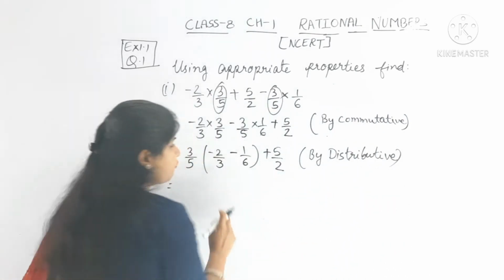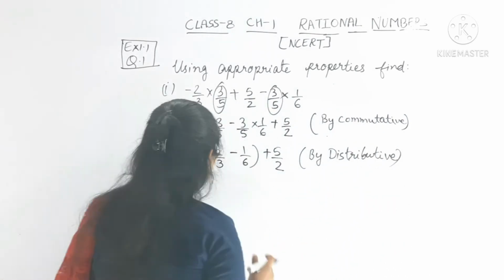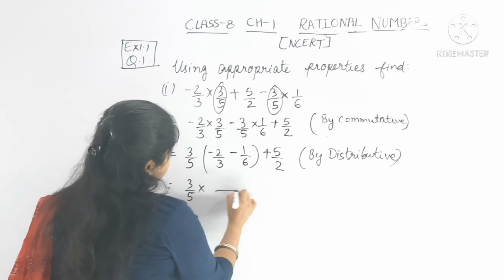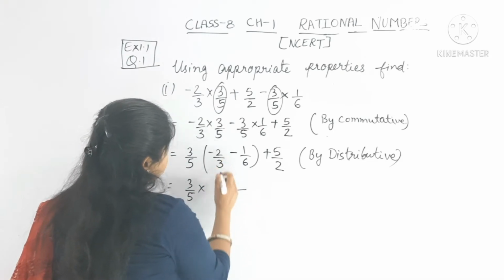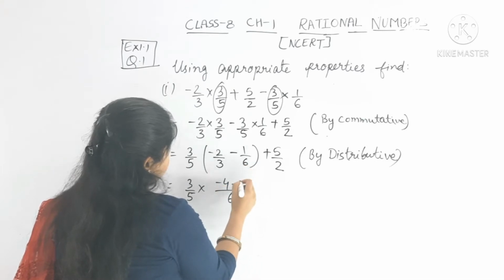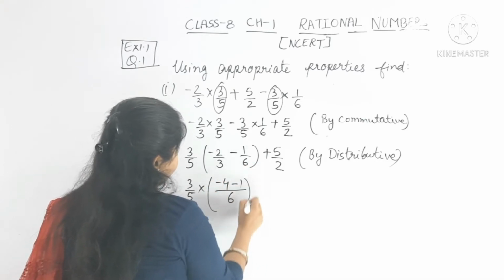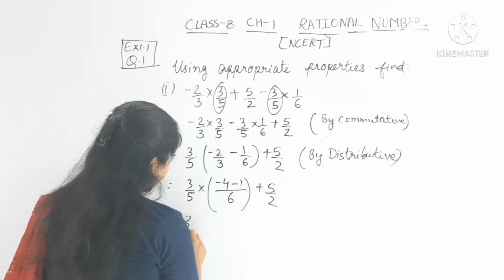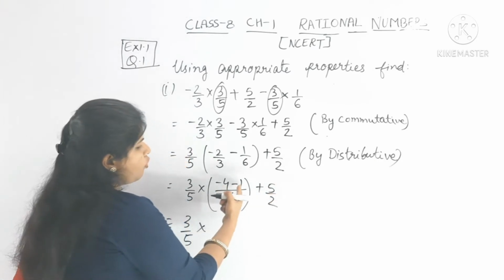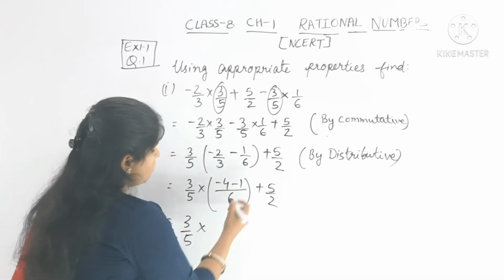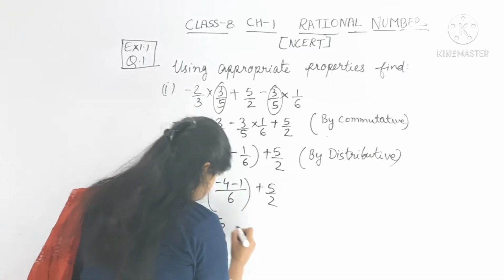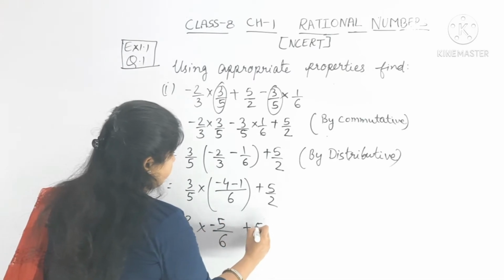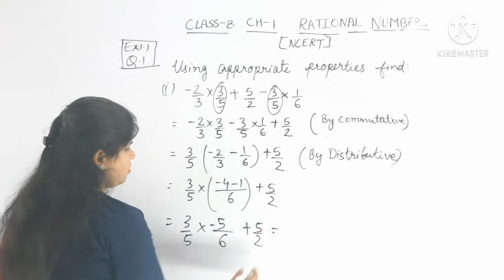Okay, so we have to first solve the bracket. 3 by 5 multiplied by the LCM 6: 3 times 6, minus 4 minus 1, plus 5 by 2. So 3 by 5 into 4 minus minus is plus, so 4 plus 1 is 5. Here I am getting minus 5 divided by 6 plus 5 by 2.